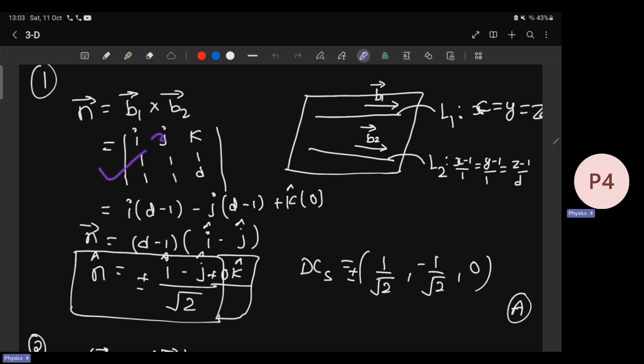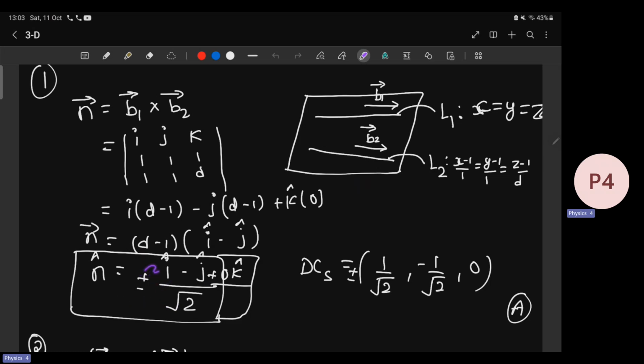So this is b1 cross b2: i, j, k, 1, 1, 1, 1, 1, d. So we got n vector as this. n vector is i minus j plus 0k divided by root 2.